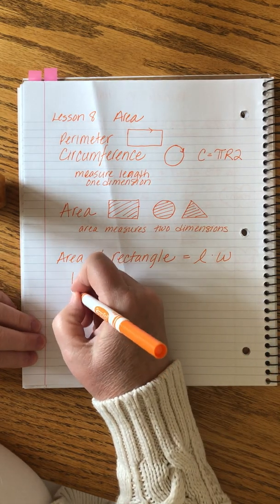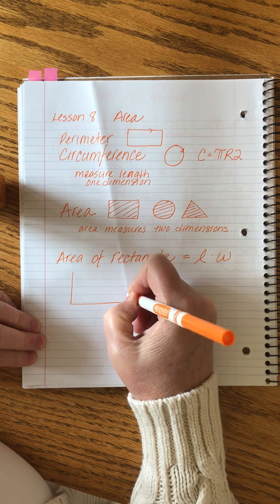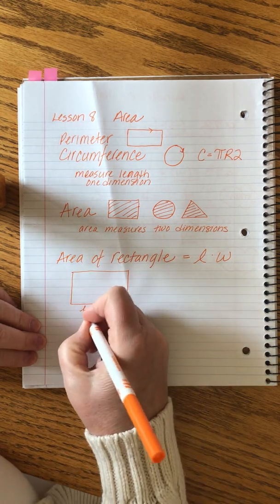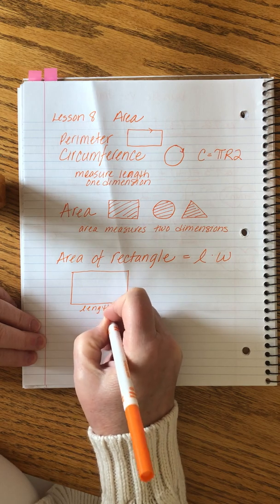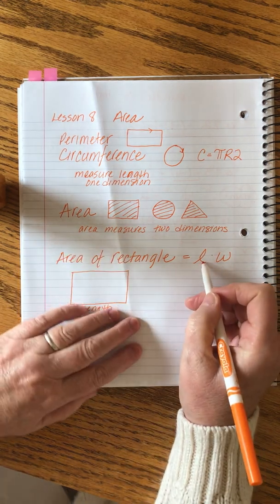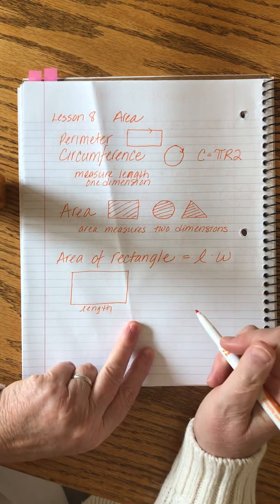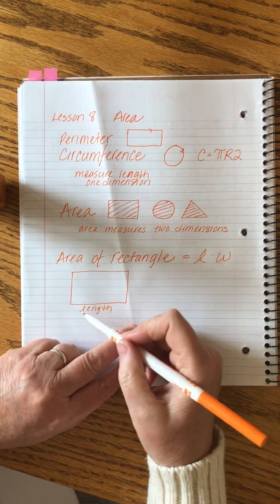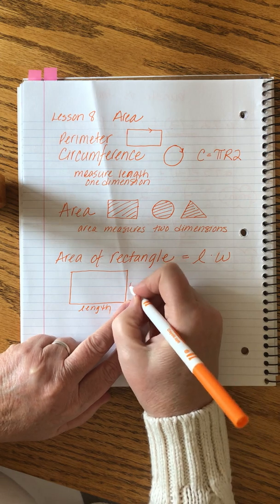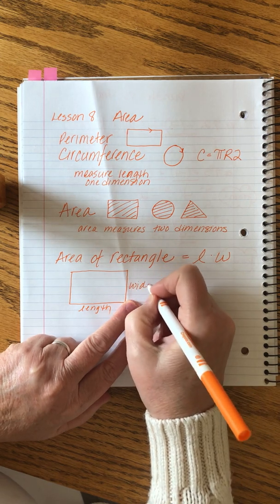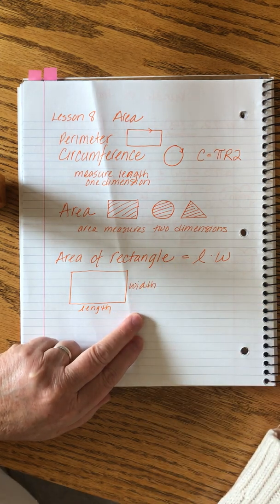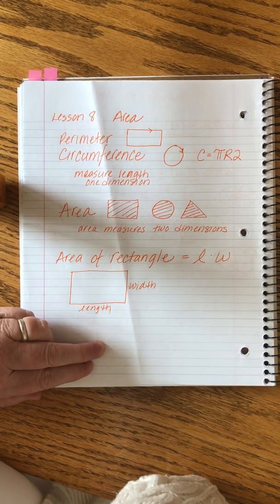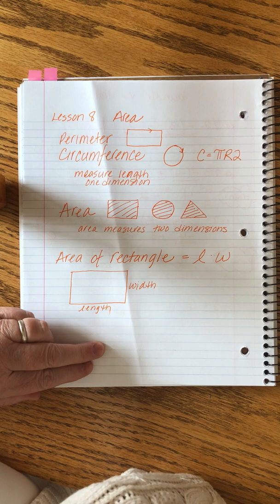And to help you get the picture of that, with a rectangle, we usually call the longer side the length, and you'll notice that I always use kind of like a cursive L, so it doesn't look like a 1. If I use just a lowercase l, it would look like a 1, and that's confusing. So the longer side is usually the length, the shorter side is usually the width, but honestly it doesn't matter which you call which, as long as you just take one of each side, okay?